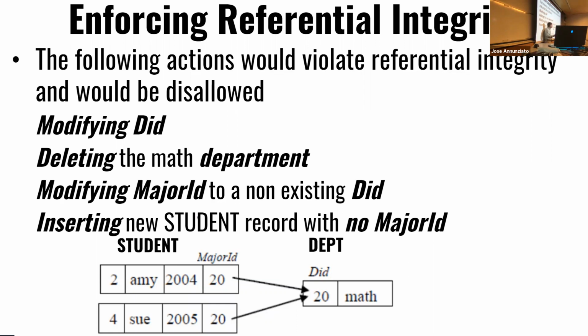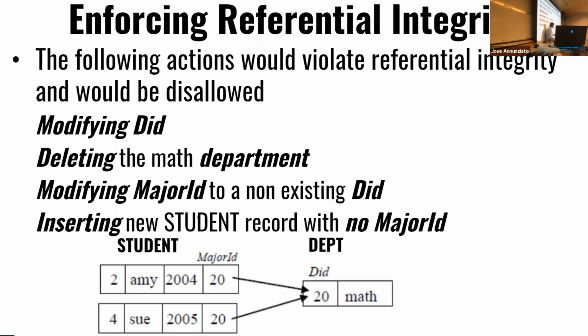Other things I could do is just allow it. I'm going to say that if I remove it, that's fine, and these guys are just left dangling. Or I might say that if I remove the parent, then the children become null, meaning these foreign keys are not pointing anywhere.